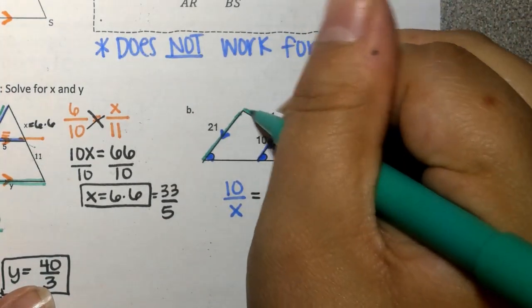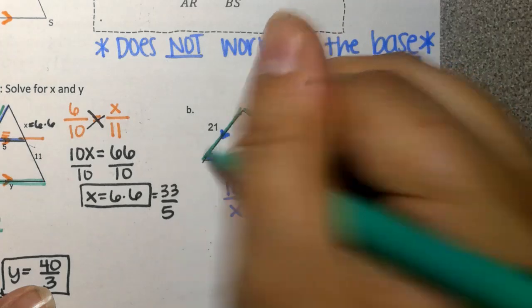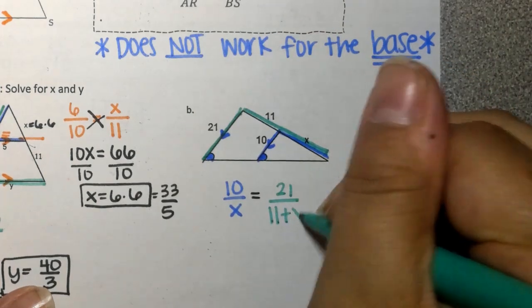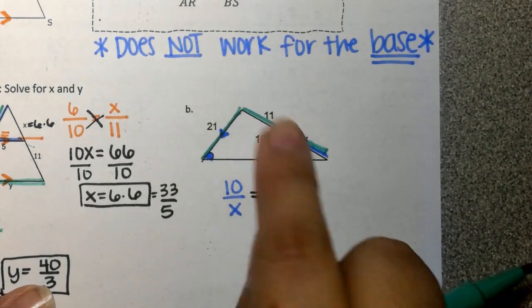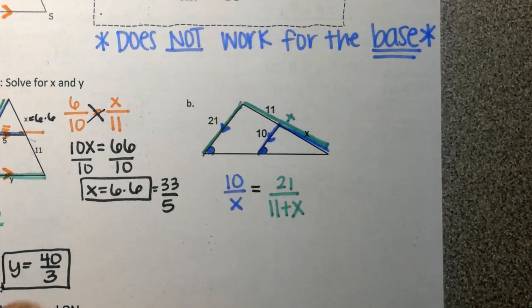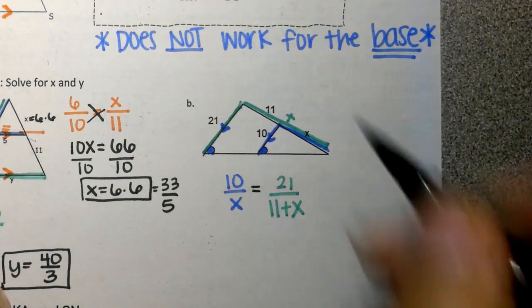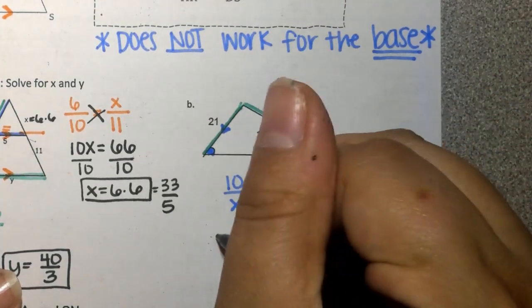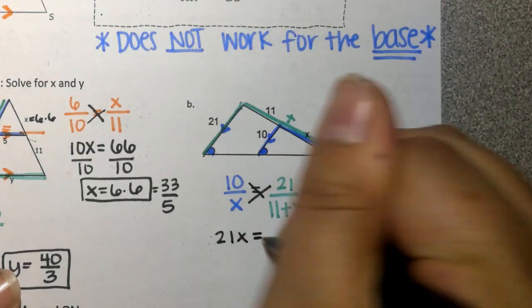Not 11x. 11 plus x. Does everybody see why that is 11 plus x? Add those together, not multiply. What questions do I have? Alright, cross multiply and I get 21x.